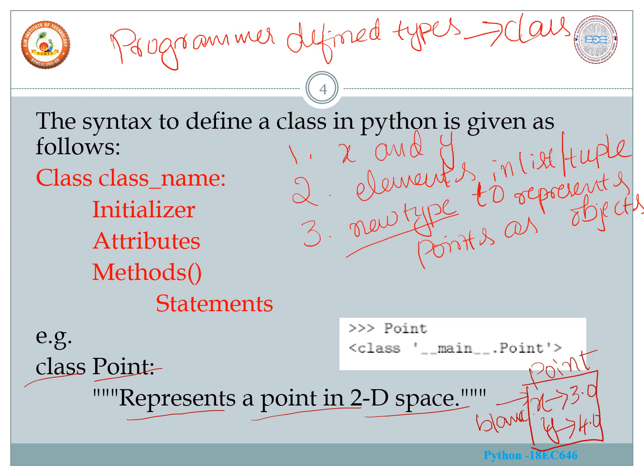and this corresponds to the blank. The syntax normally used to define a class is given here: class followed by the name of the class, next initializers, attributes, methods followed by the statements.